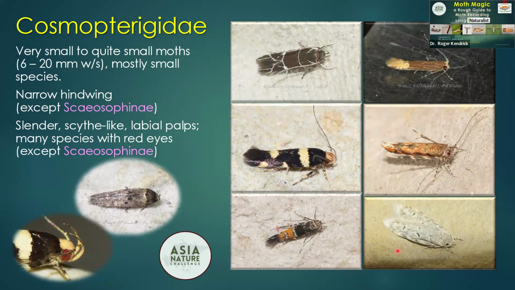This guy excluded. The subfamily Antequerinae, much flatter. They don't have the obvious scythe-like palps, and generally much blander looking things, and bigger. Cosmopterigids are small, the smallest with a 2 millimeter wingspan. Tiny, tiny, tiny.